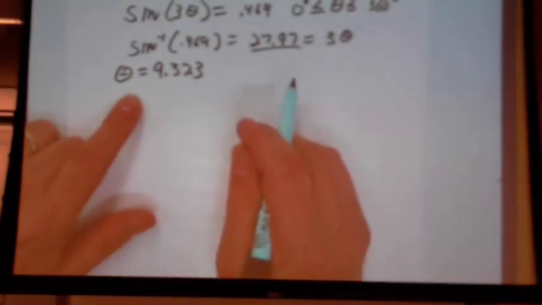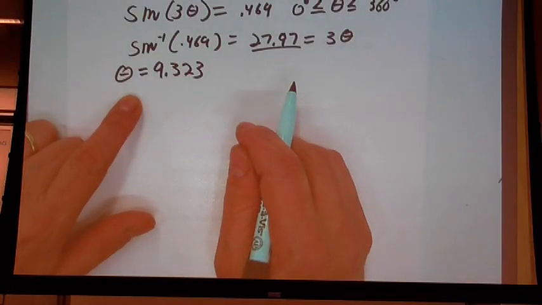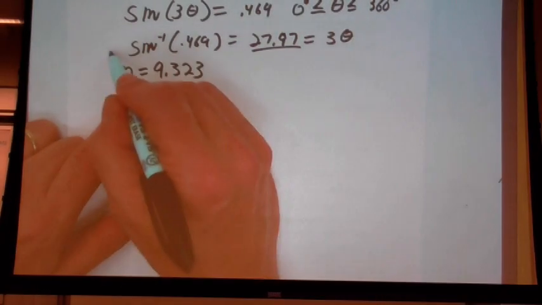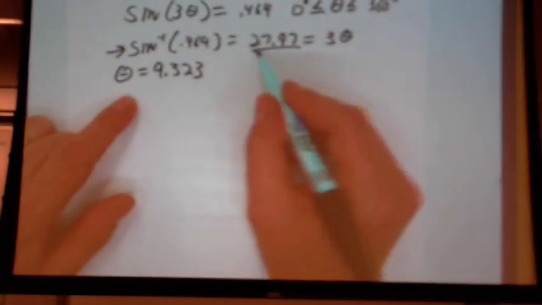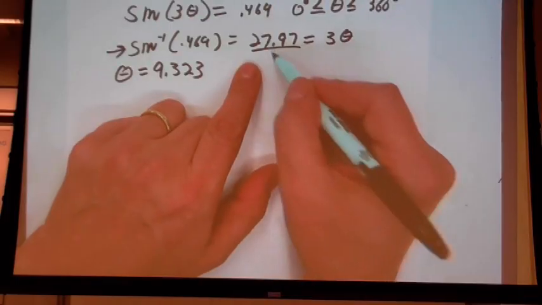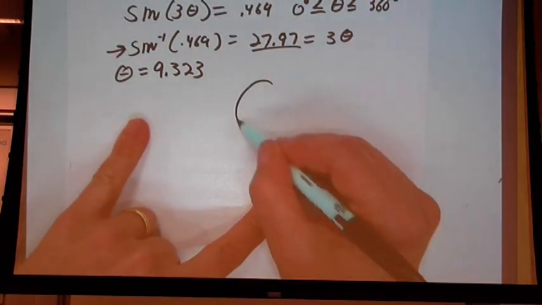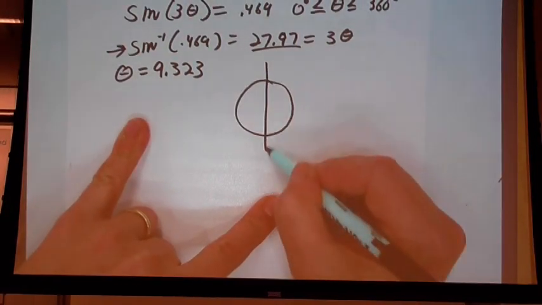Okay? Remember, we want all the solutions. So let's go back and look at this for a second. Here we have 27.97, that's our sine value.